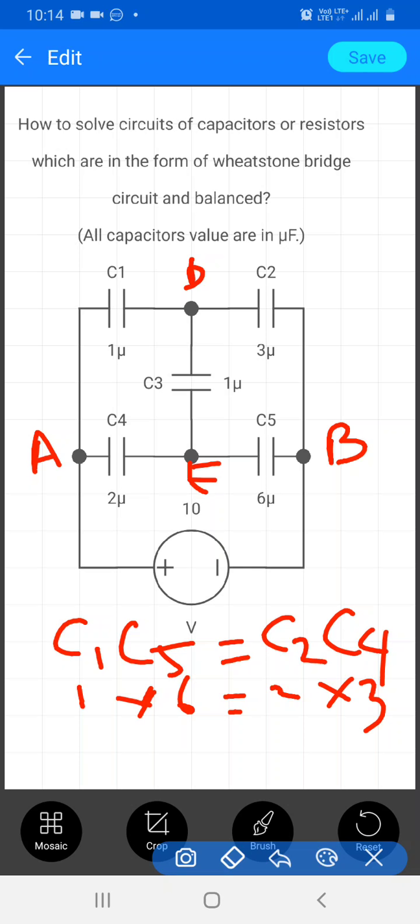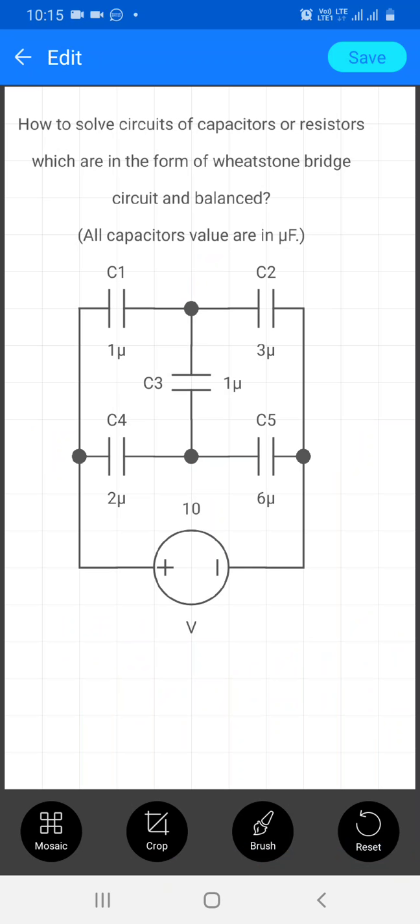Now the question is, here C3 is open circuited, then how can we redraw this circuit? So for this circuit, we have seen that this is a balanced Wheatstone bridge circuit. So I redraw the new circuit.